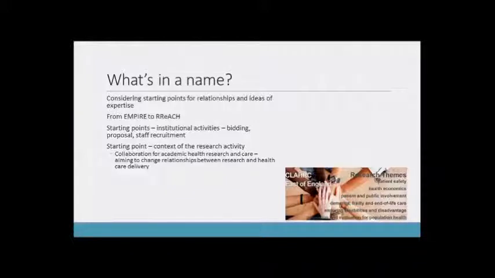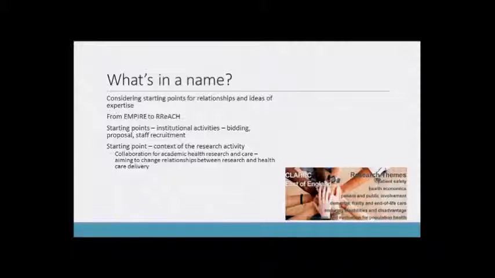And we came up with an acronym fairly early on, EMPIRE, which was Enabling Meaningful Participation in Research in residential care of Elders. And although we had some qualms about this term, the pace was moving on, and we stuck with it for the time being.